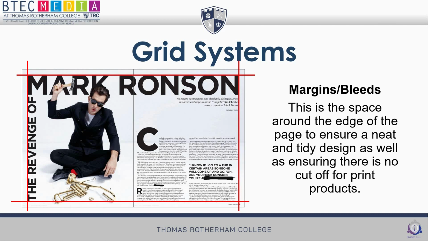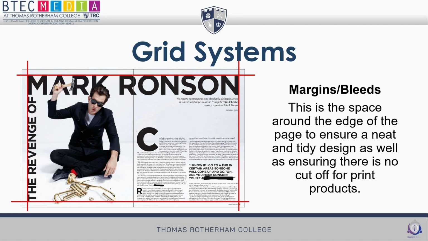Bleed, for example, is almost like the opposite of that. So bleed refers to the amount of overlap a design will have to make sure that there's no edge to the page. Again, it comes back to the whole idea of the actual printing finish of the product.